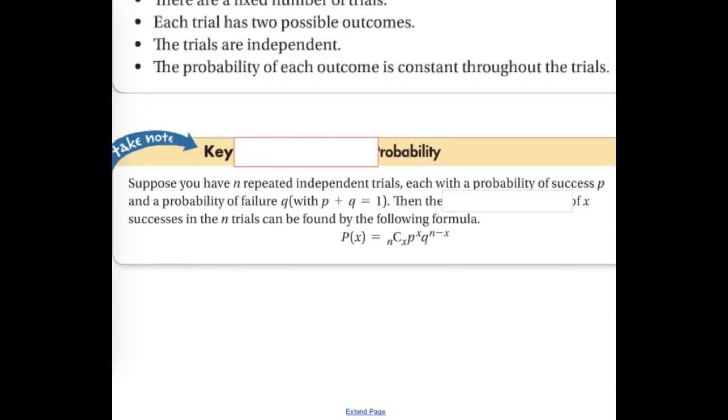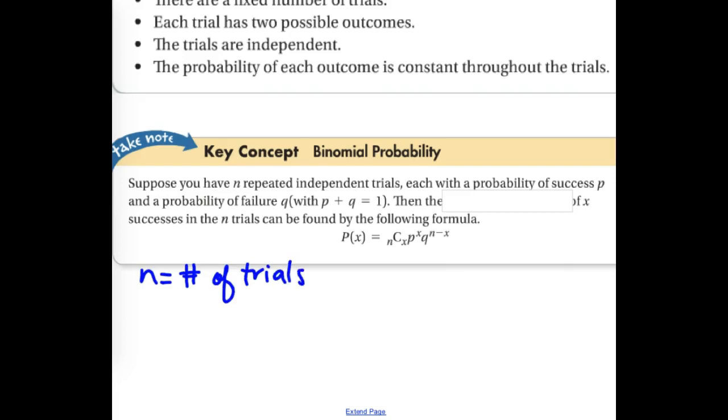All right. So when we talk about binomial probabilities, we define n to be the number of trials. It says, suppose you have n repeated independent trials. Each has a probability of success p.